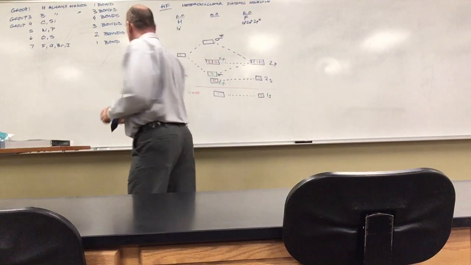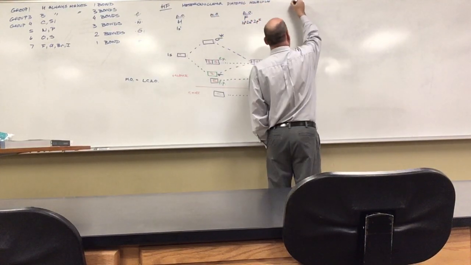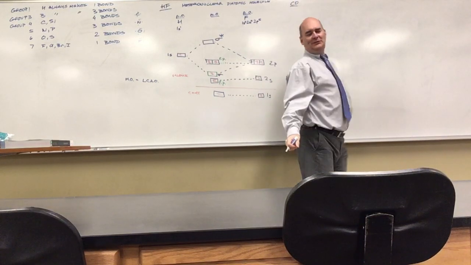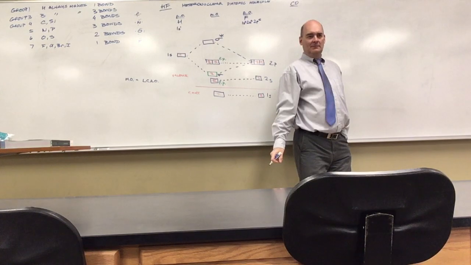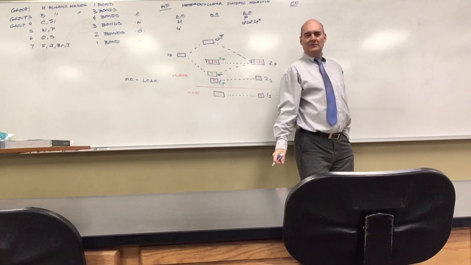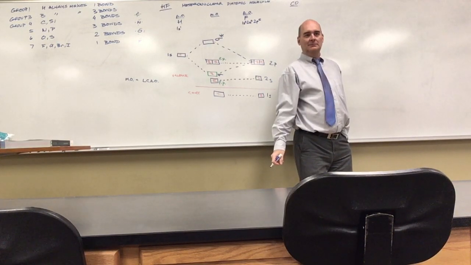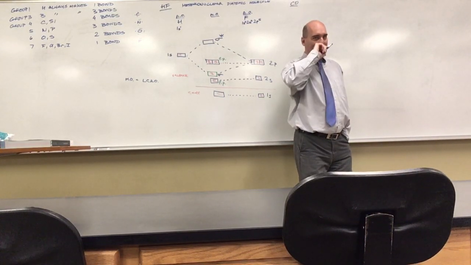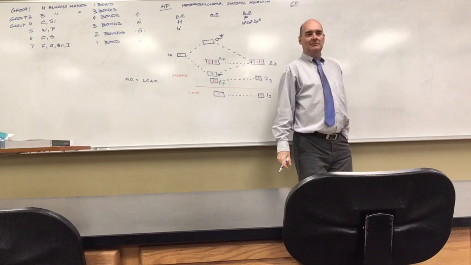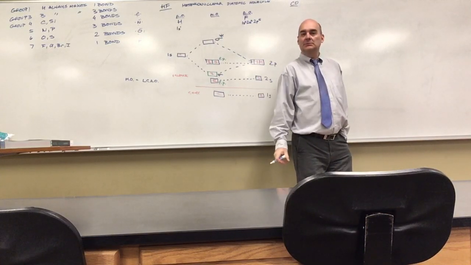So if nitrogen and oxygen are 99% of the Earth's atmosphere, what's the other 1% made of? Everything else, right? What's the most abundant next gas?